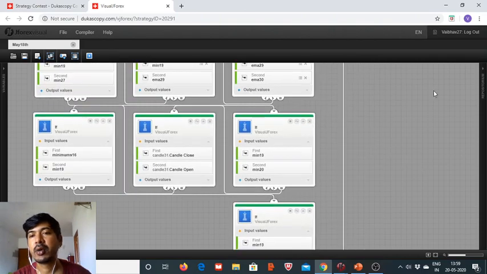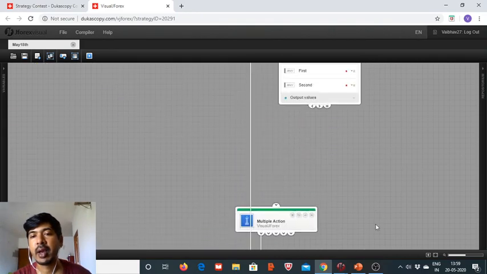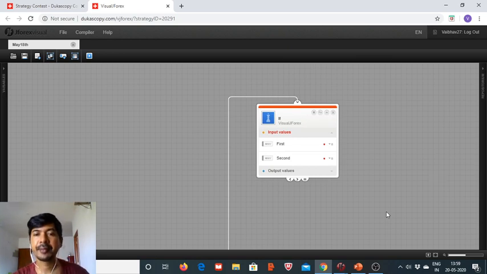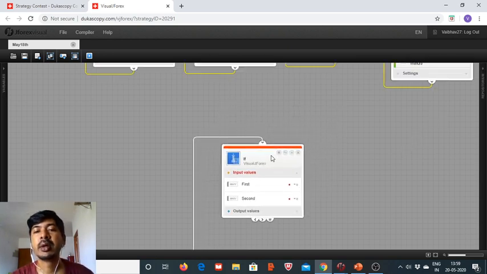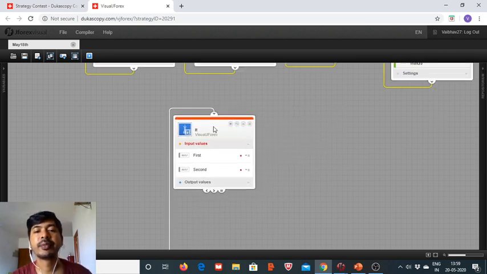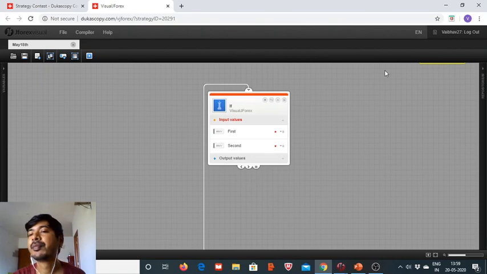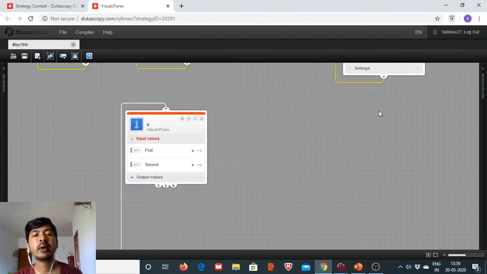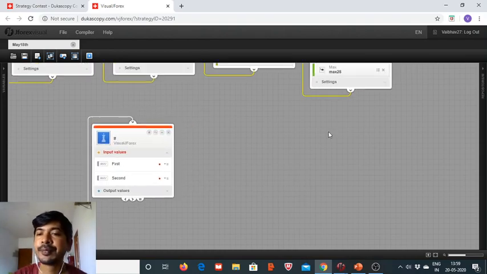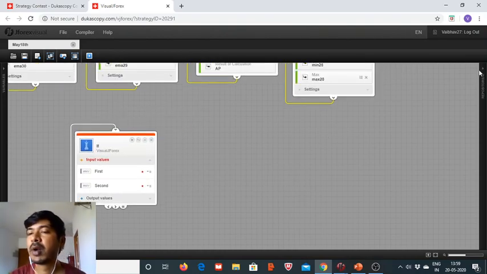So we now look at the difference between the candle closing level and the minimum value.